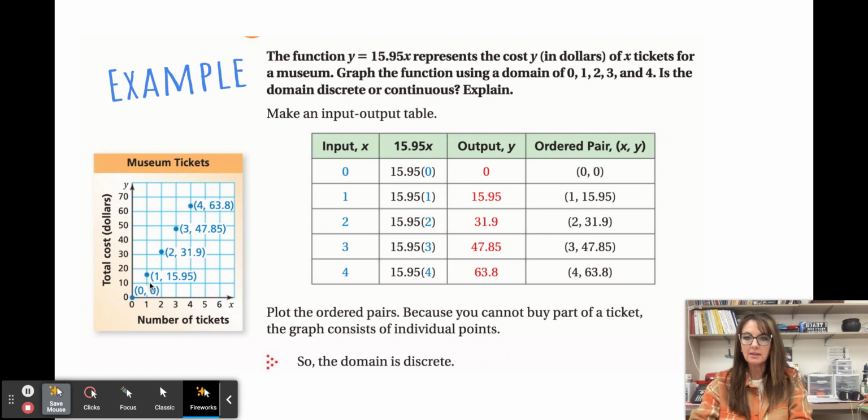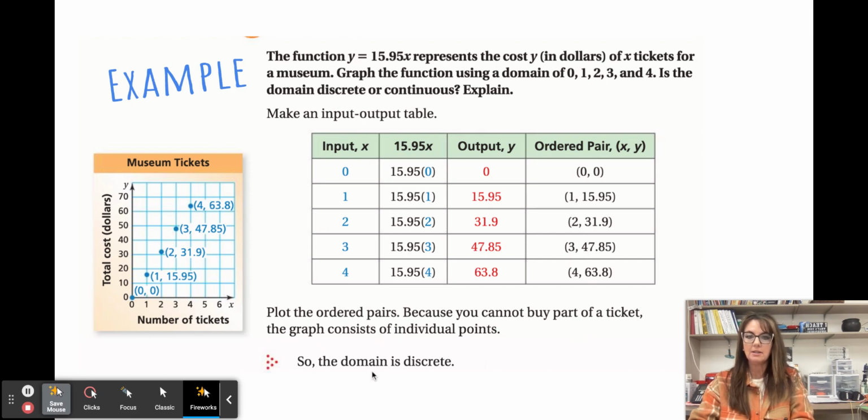Now, after you plot them on the graph, are you going to connect the dots? Are you going to draw a line to connect them? If you plot them as ordered pairs, you cannot buy part of a ticket, so we have to keep it as individual points.